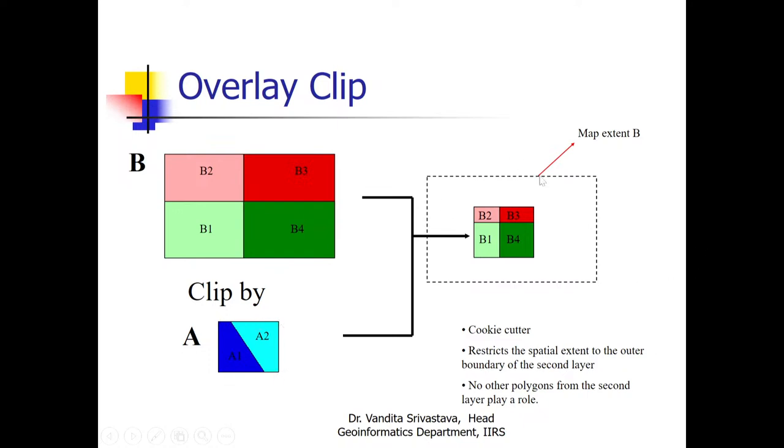It is like a masking or cookie cutter operation. It restricts the spatial extent to the outer boundary of the clip layer. No other polygons from the second layer play any role. It is only the boundary that is used for cutting. So that is the clip operation. It is a feature extraction operation. That's why no attributes from this layer will be copied to the output.